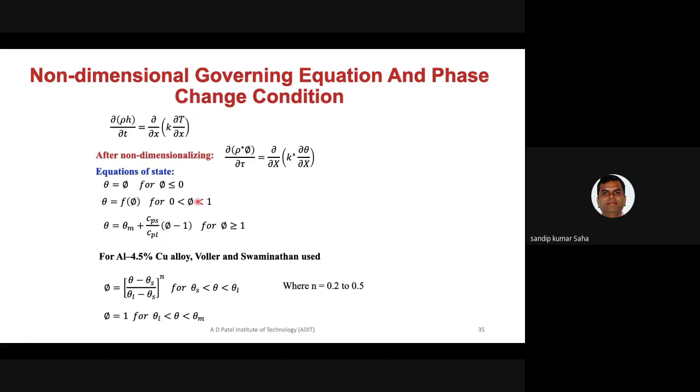If I non-dimensionalize it using these expressions, you can easily solve this equation.